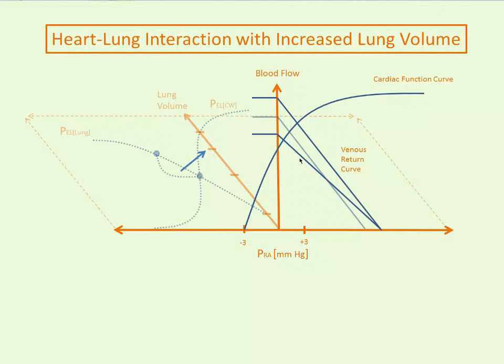Here, there's an increase in the resistance to venous return, and here there's no change in the resistance to venous return. And what determines resistance to venous return is something that was described by Takata and colleagues in the mid-90s, and that is it depends on your underlying volume status, and particularly in your abdominal vessels.